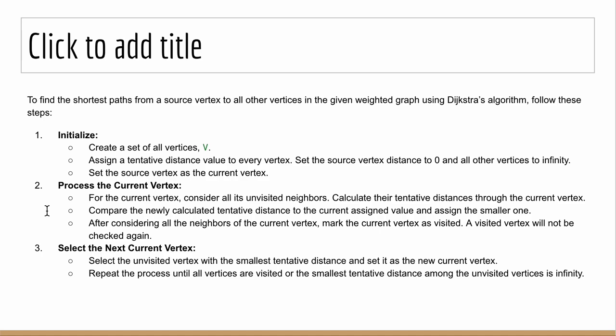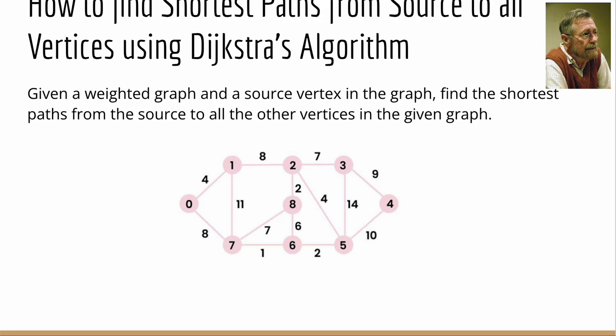We then process the current vertex to consider all its unvisited neighbors. We'll calculate their tentative distances through the current vertex. We'll compare the newly calculated tentative distance to the currently assigned value and assign the smaller one. After considering all the neighbors of the current vertex, we'll mark the current vertex as visited. A visited vertex will not be checked again. So right now the current vertex is 0.